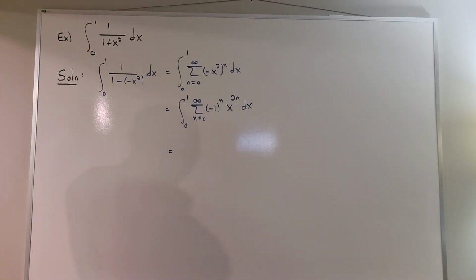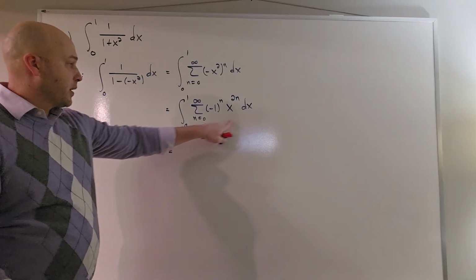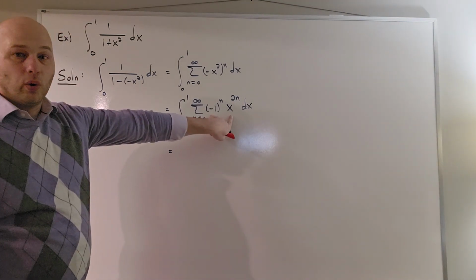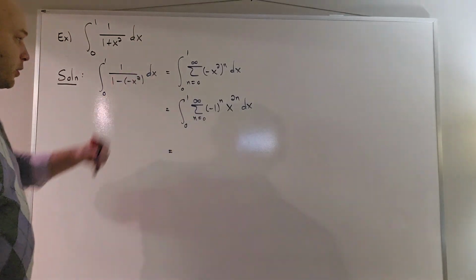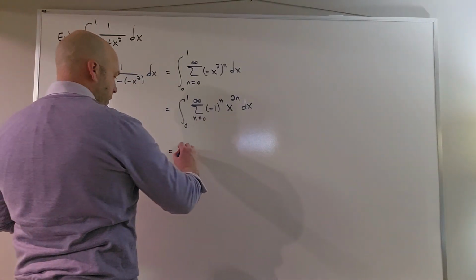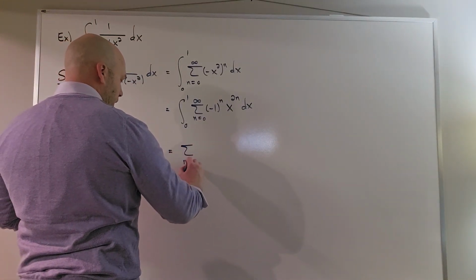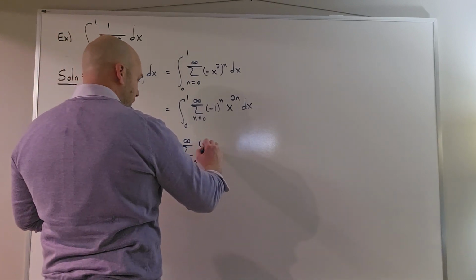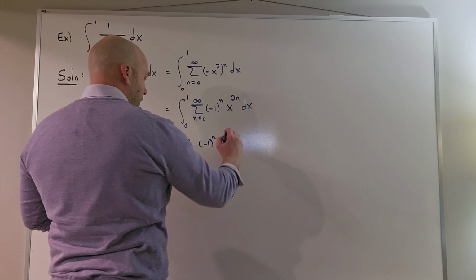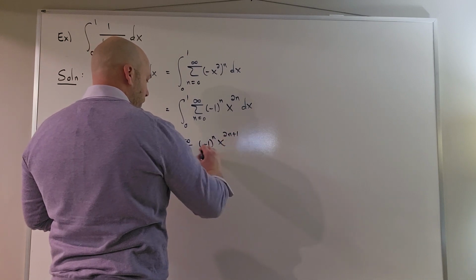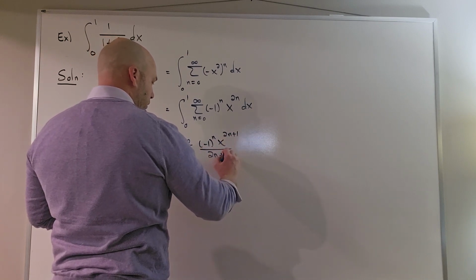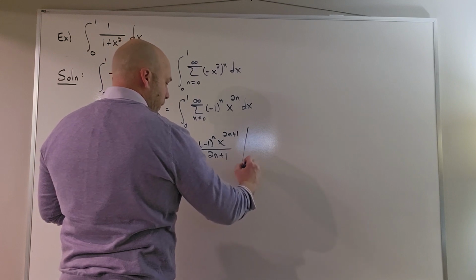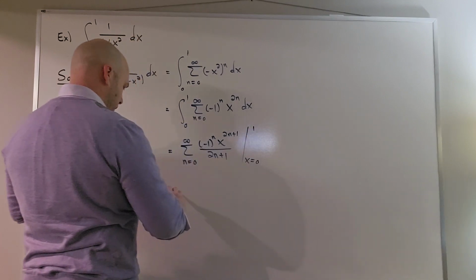Okay, and then compute the antiderivative of this, which is just the power rule, and then evaluate from 0 to 1, meaning this would be the summation from n equals 0 to infinity of (-1) to the n, x to the 2n plus 1, divided by 2n plus 1, evaluated from x equals 0 to 1.